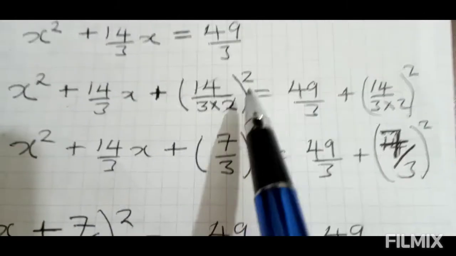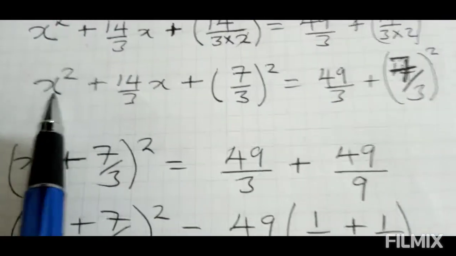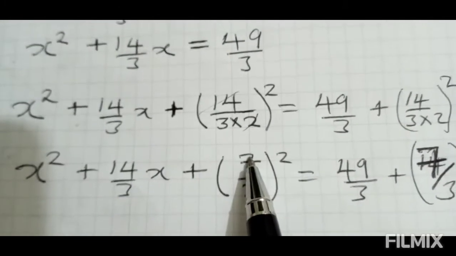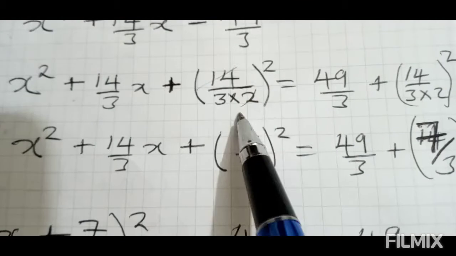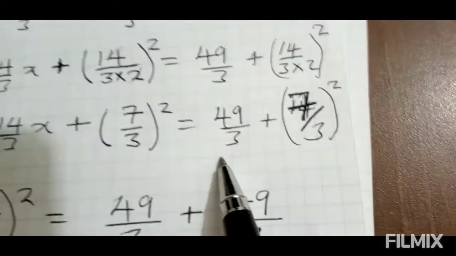So even here we do the same. So x squared plus 14 over 3x plus 7 over 3, 2 into 14 is 7. So 7 over 3 squared is equal to 49 over 3 plus 7 over 3 squared.